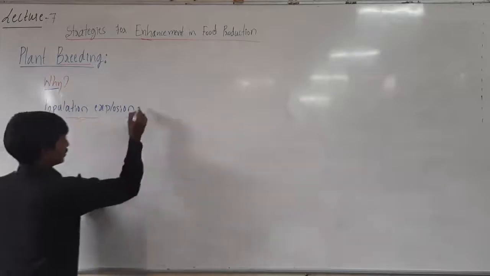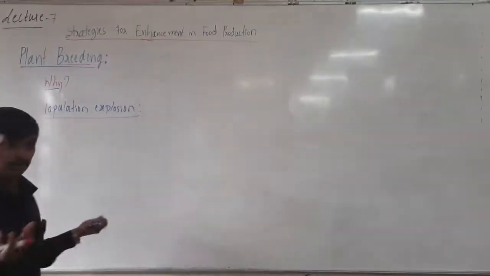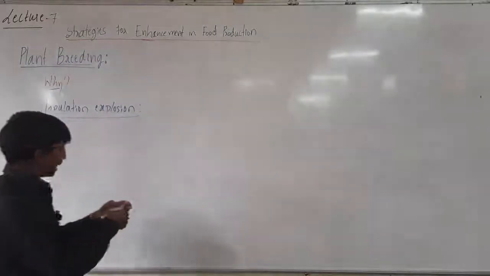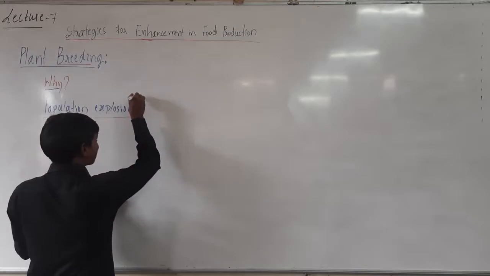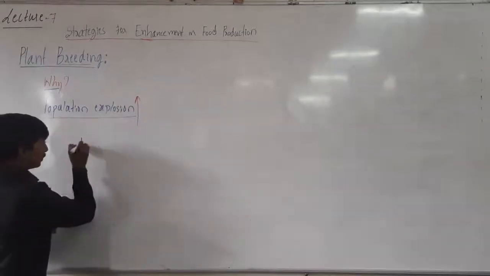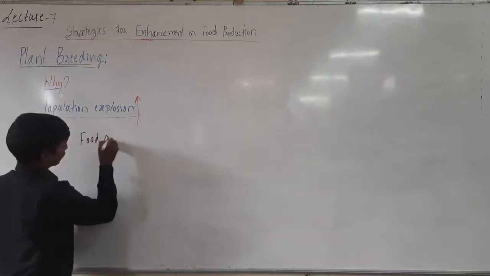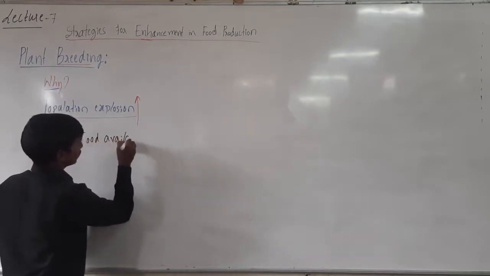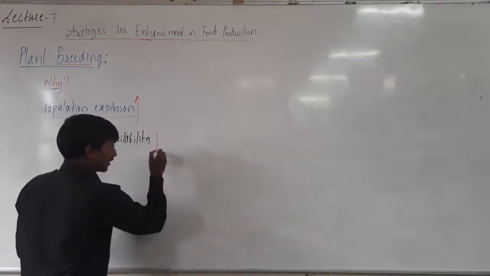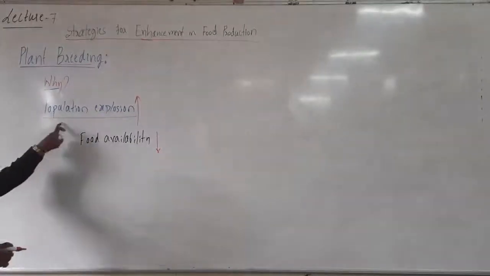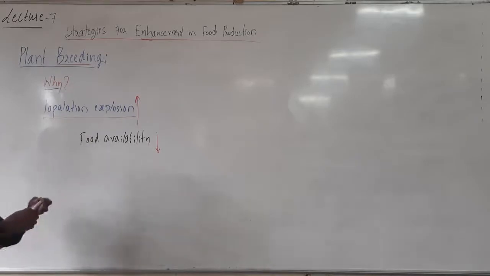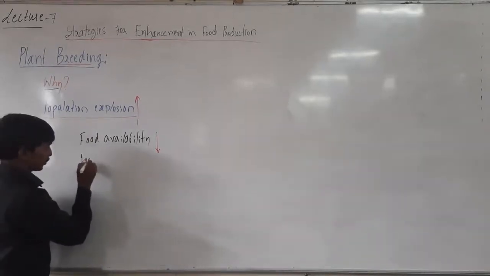The Indian population and world population has crossed many crores. As the population is increasing, the food availability is decreasing just because of a decrease in food production.